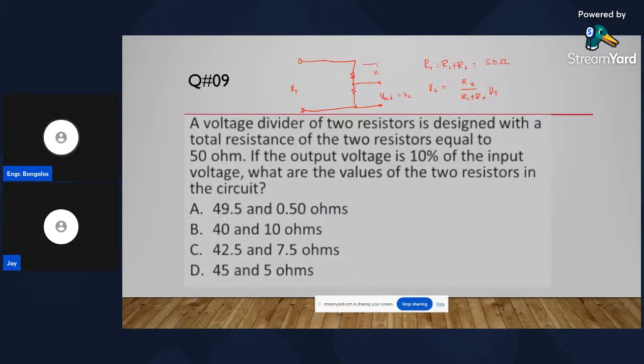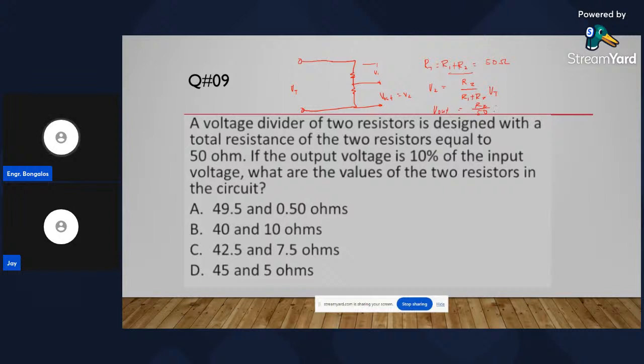Wala tayong R1. Pero, meron tayong R1 plus R2. So, therefore, yung V2 natin or yung V out natin, V out is equal to R2 over 50 times yung Vin.